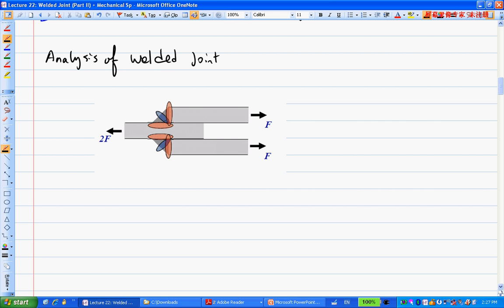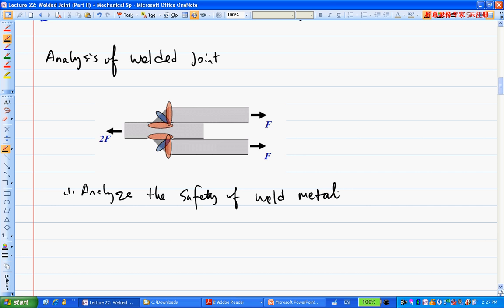So when you analyze the welded joint, watch the sentence of the question. Sometimes the question is, analyze the safety of the weld metal.